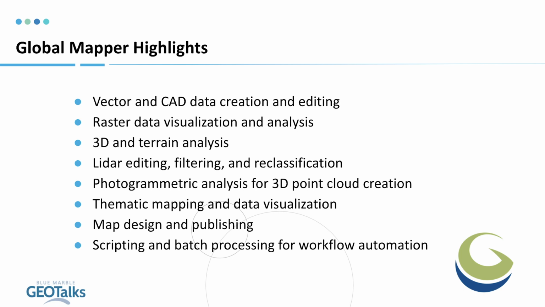We have all sorts of 3D and terrain analysis tools. With our add-on Lidar module, we can do automated point cloud classification, as well as editing and filtering. We also have a tool called the Pixels to Points tool that can take drone data, so usually series of images that are overlapping, and turn those into a photogrammetric output. So ortho images, 3D models, and 3D point clouds that you can use like Lidar.